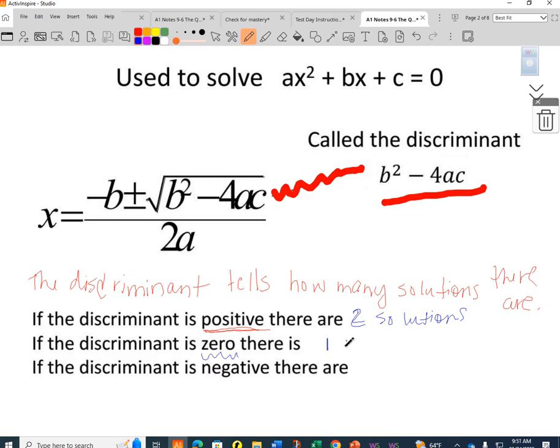If it's 0, there is one solution. And if the discriminant is a negative number, after you simplify it, there are no solutions.